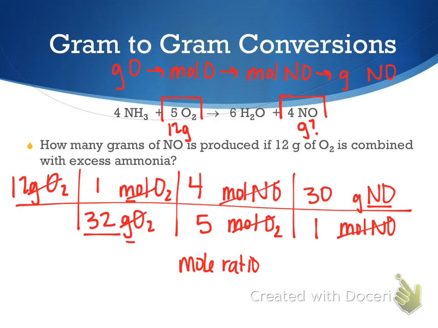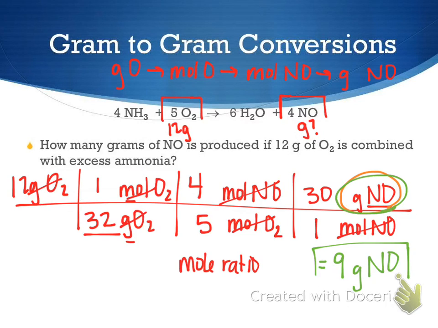So now I've done all of my cross multiplying, and I'm left with grams of nitrogen monoxide, which is what I should have. Now I do my math, multiply across the whole top, divide by the whole bottom. With these types of problems, it's much more difficult for us to determine if our answer is reasonable or not, because we have the mole ratio and different molar masses.